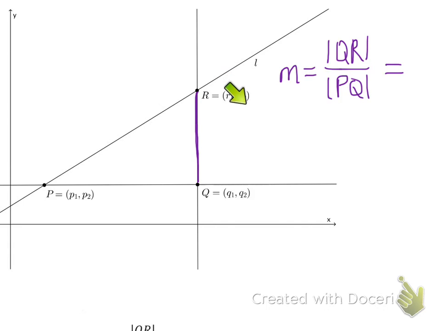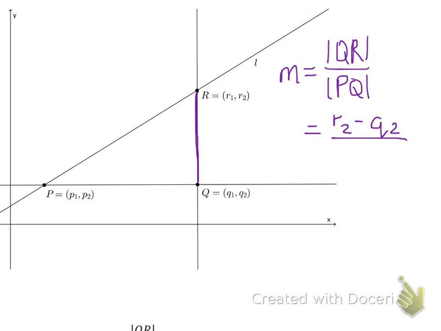So this distance QR is just going to be R2 minus Q2. So I can say that this equals R2 minus Q sub 2. Those are subscripts there.